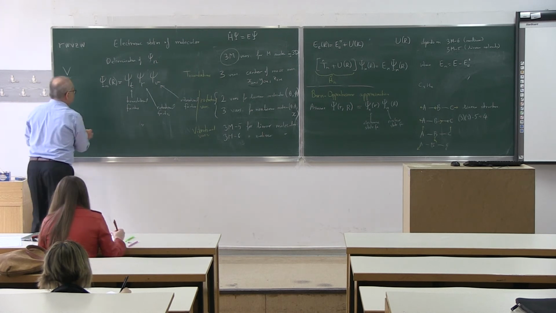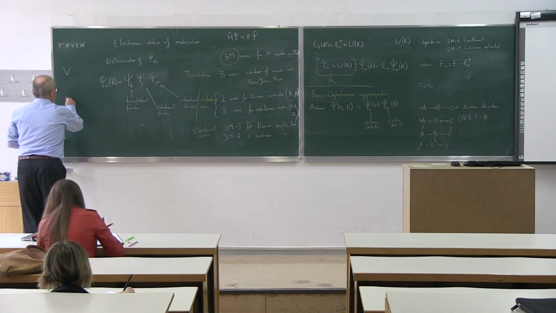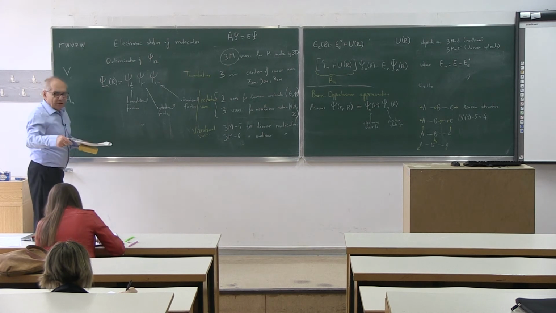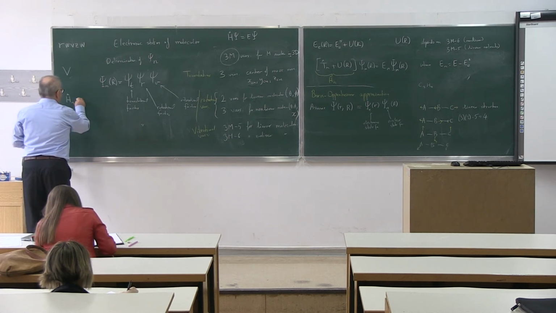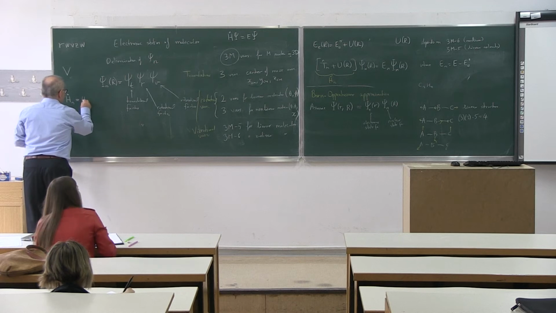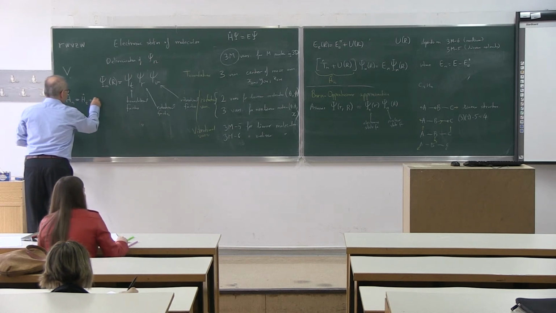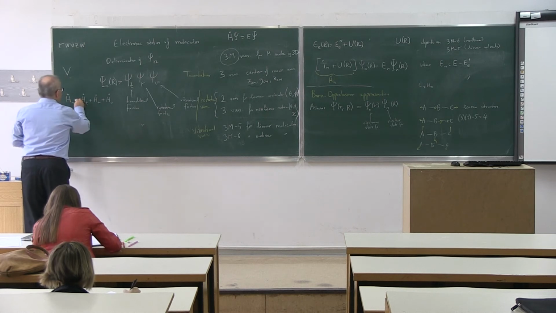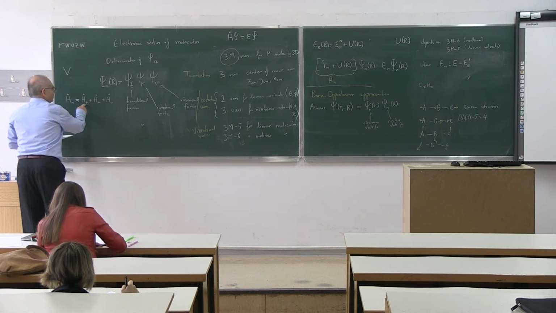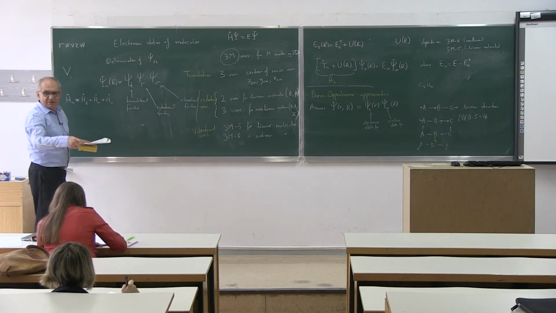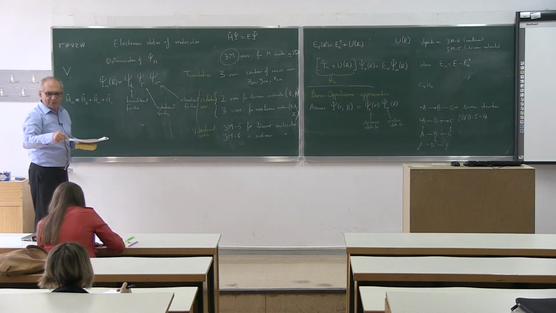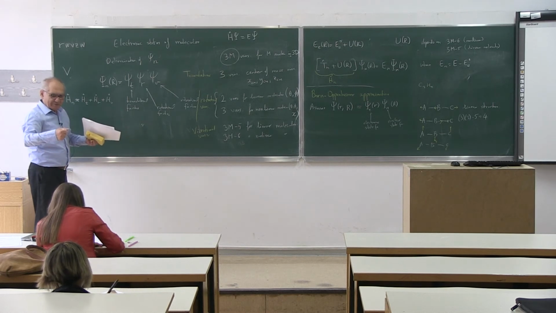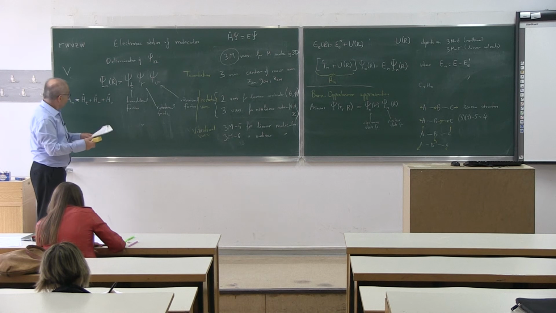The total Hamiltonian for the nuclear motion only is approximately the translation Hamiltonian plus the rotation Hamiltonian plus the vibration Hamiltonian. This is approximate. Separation of the translation from the rest is exact. Translation motion can always be separated exactly from the full Hamiltonian.